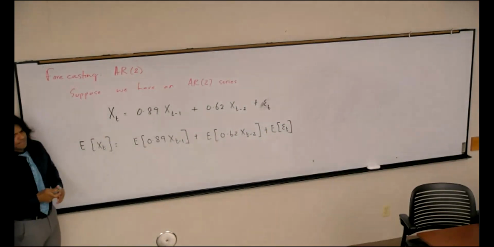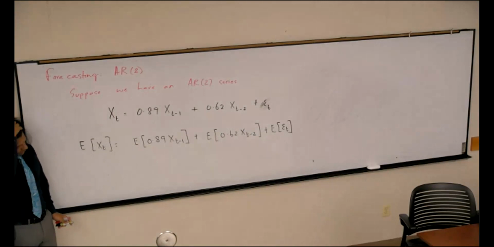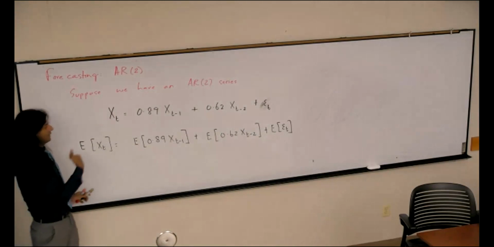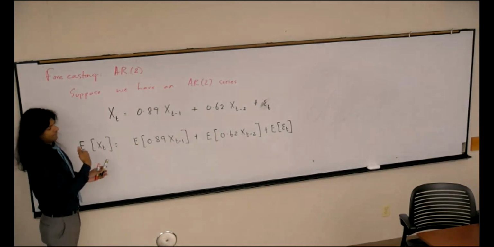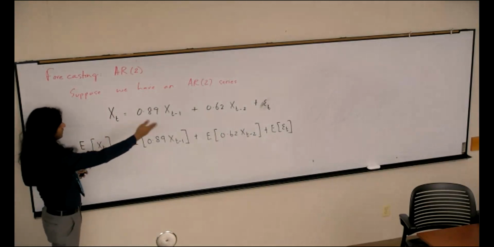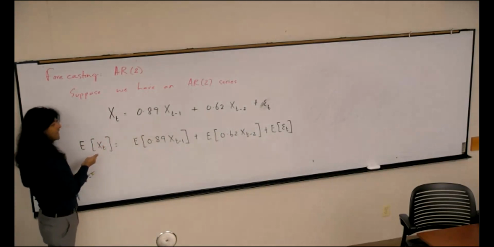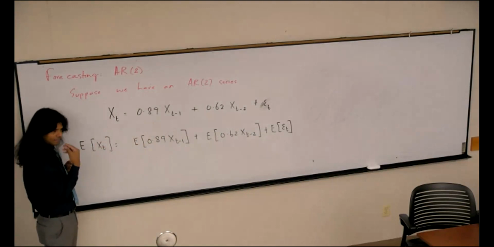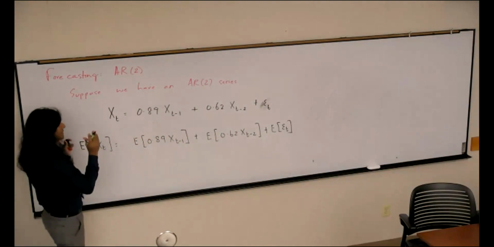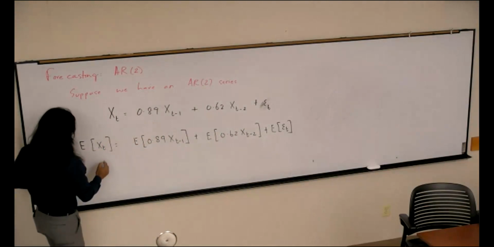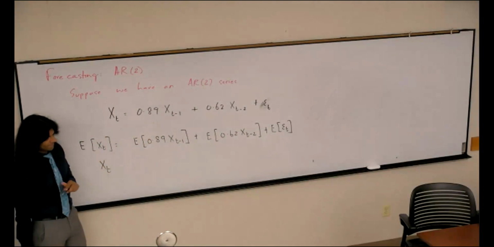Well, XT is a random variable that has some mean, typically it is 0, but it is an observed process, it depends on itself. So that can't be 0, right? It has some value, it is an observed series. So theoretically, expectation of XT will be XT.